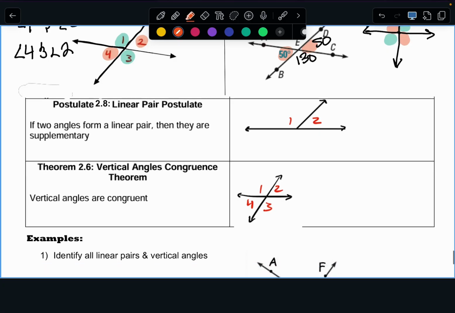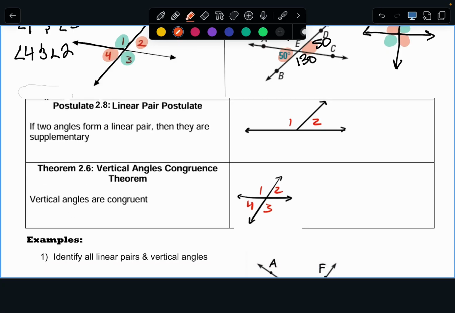They're congruent. So that leads you into these two very important theorems that are going to come up later as well. If you have a linear pair, those two angles are supplementary. We said that the measure of angle 1 plus the measure of angle 2 had to be equal to 180.